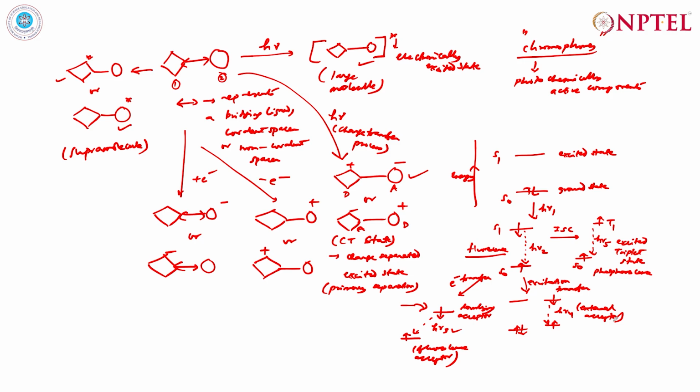Okay, so all these photochemical processes can take place. We can have first the fluorescence, then electron transfer, followed by fluorescence happening at a lower frequency from the low-lying acceptor.